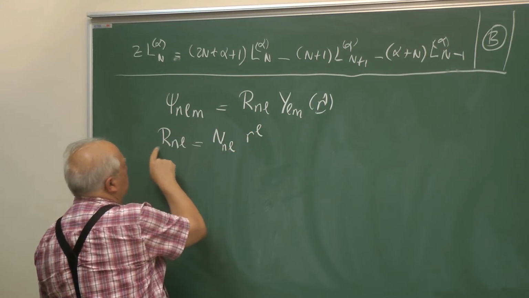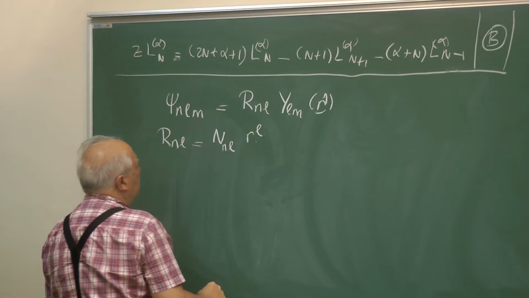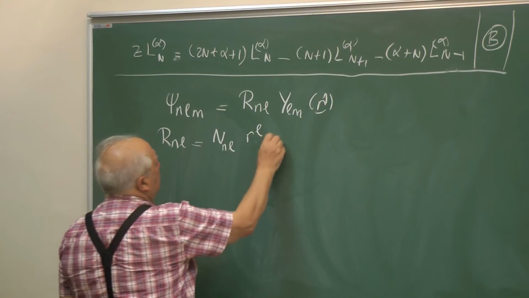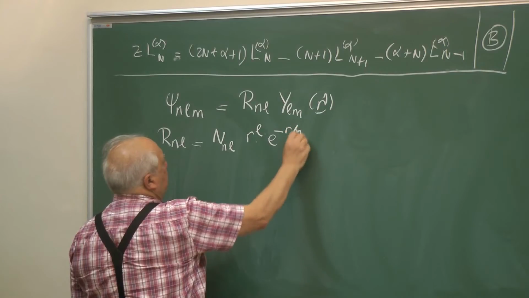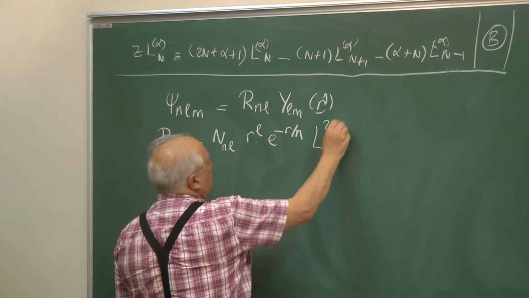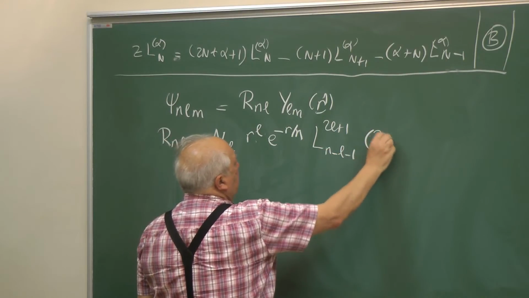U, which was small r times this wave function, was r to the l plus 1. So this is just r^l, e to the minus r over n, times L_{n-l-1}^{2l+1}(2r/n).